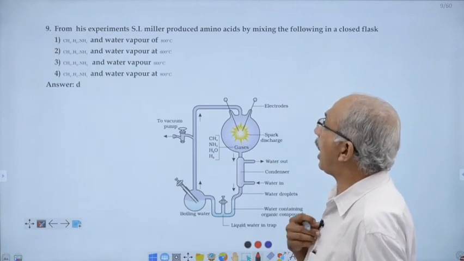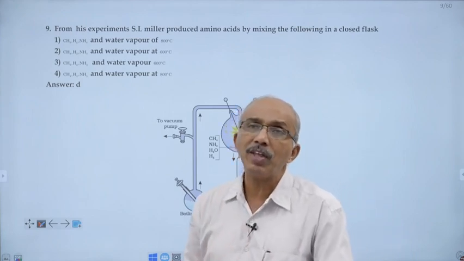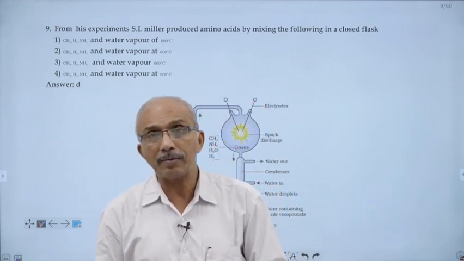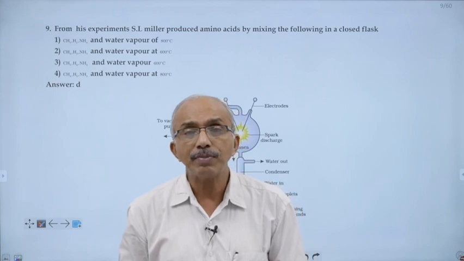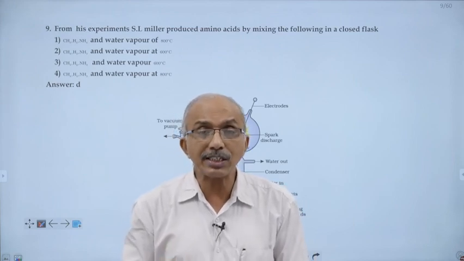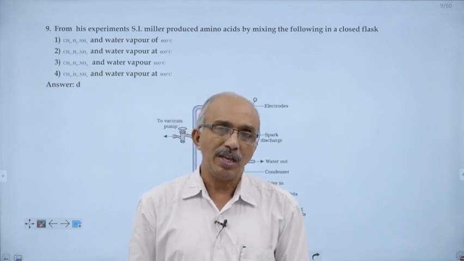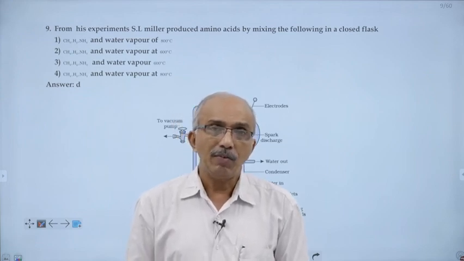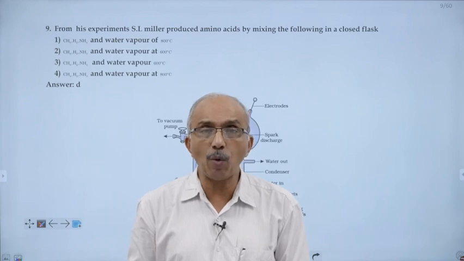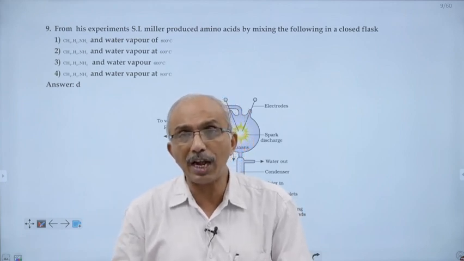It is an experiment conducted by Stanley Miller, an American scientist, which is considered as a proof for chemical evolution, proposed by A.I. Oparin and J.B.S. Haldane.